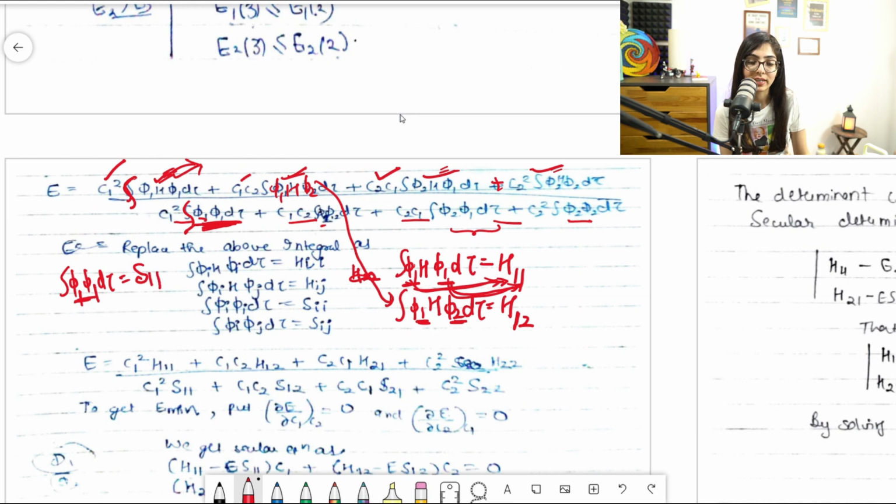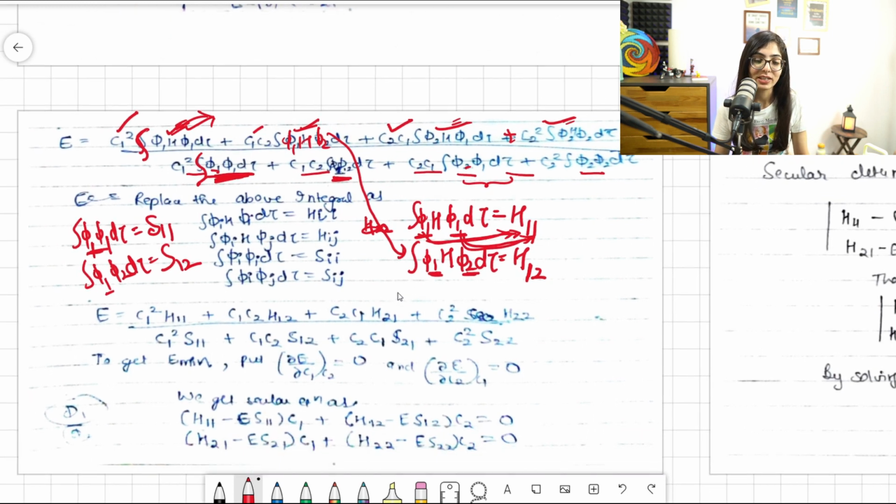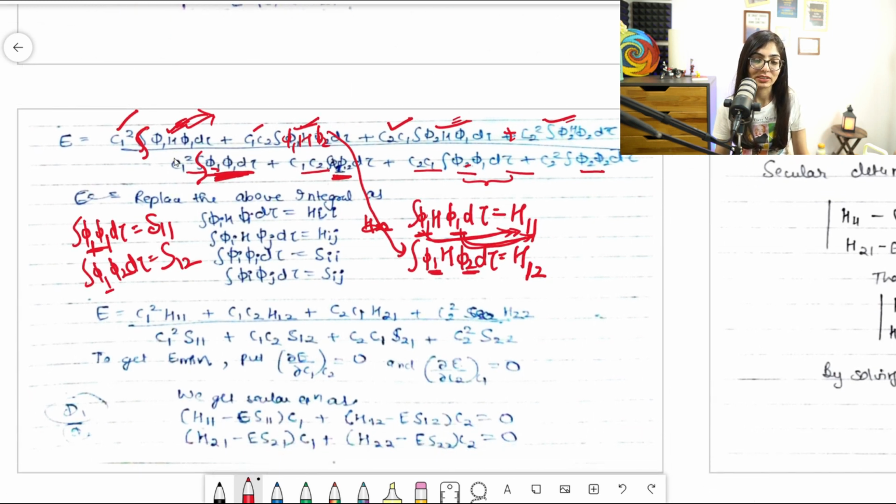And what other things are there? Here 21 is there and 12 is there. So if I have to write phi 1 phi 2 d tau, it would be s, this is 1 and this is 2. That is the only thing, that is the moral of the story, if I have to say. So I'll be replacing everything with this h11 or h12, and the c1 square stays.